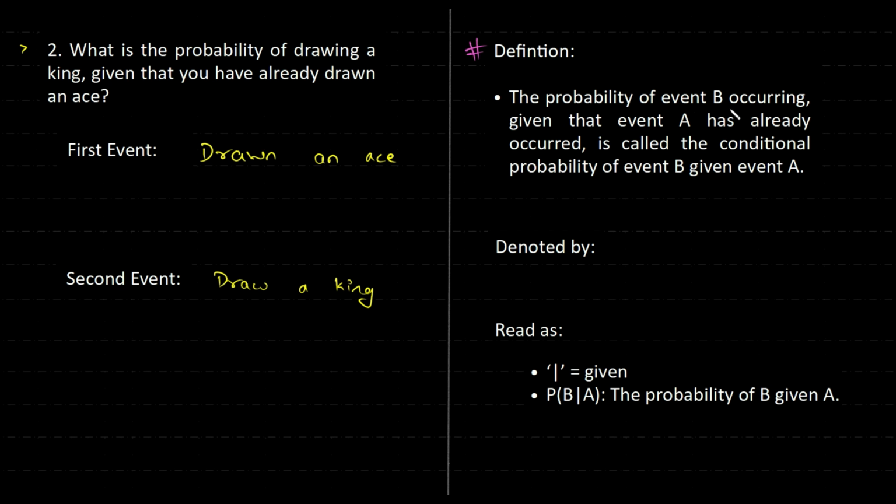The probability of event B occurring given that event A has already occurred is called the conditional probability of event B given event A. This particular thing is denoted by probability of B, sorry, given A. So remember, this straight line is read as given, and you will read it as probability of B given A. That's how you read it.